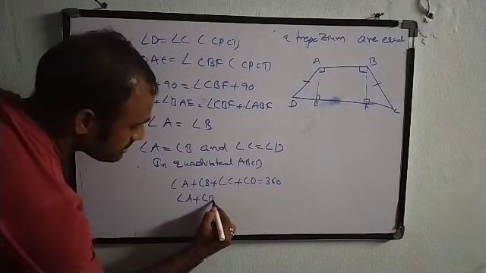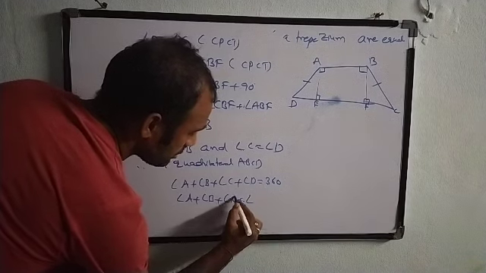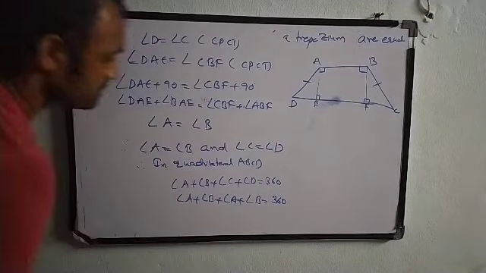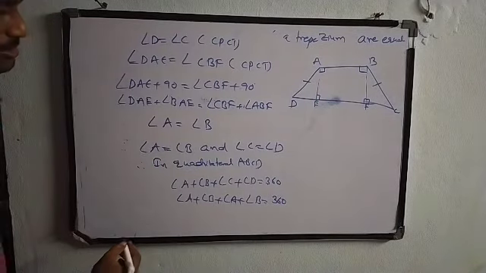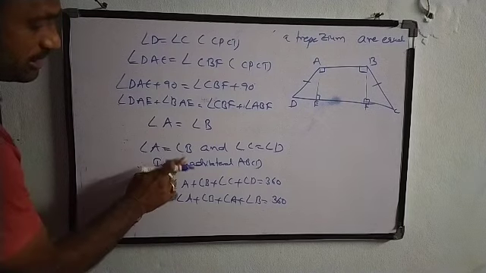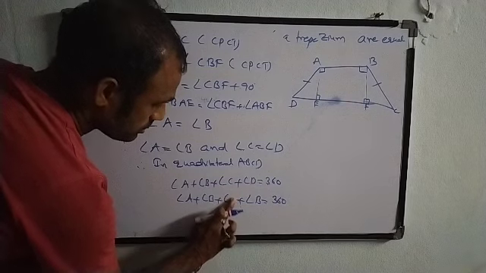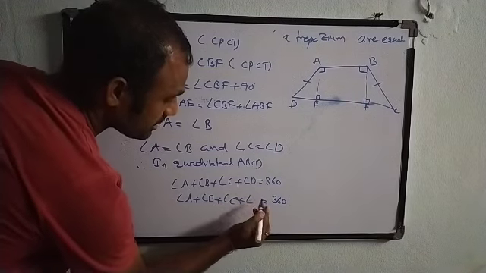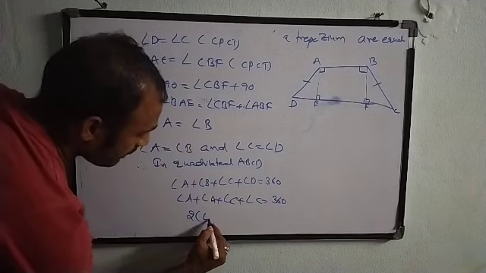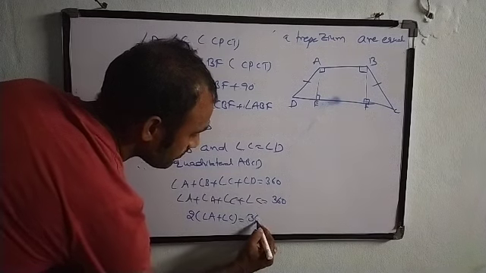So 2 times angle A plus 2 times angle C is equal to 360 degrees.